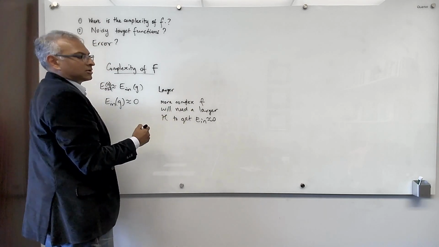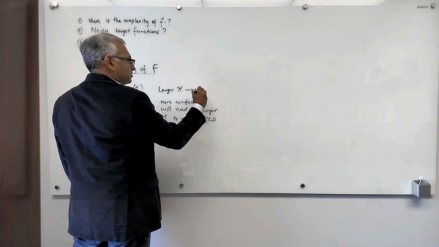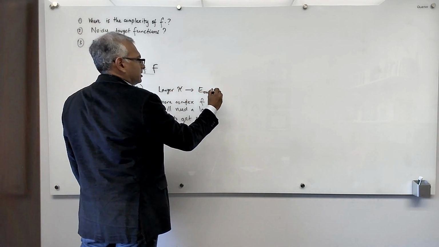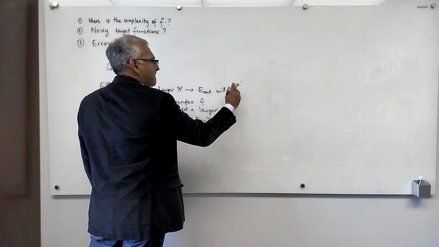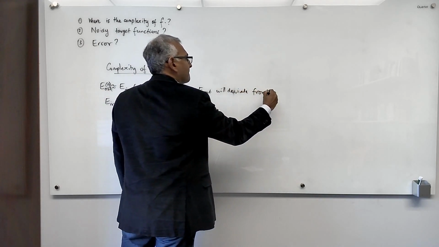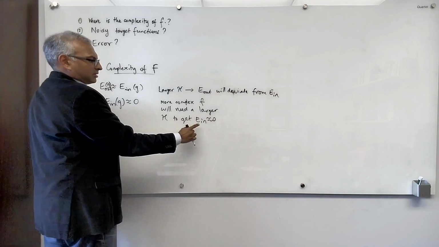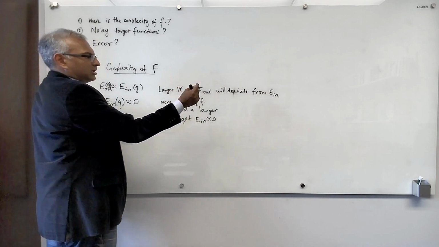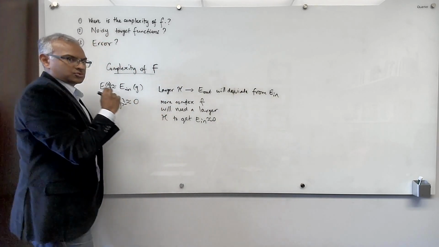We want E_in close to 0, but larger H means that E_out will deviate from E_in. So while we've managed to get E_in close to 0, we won't be able to conclude E_out is close to E_in, and therefore that E_out is close to 0, because we've used a larger H.